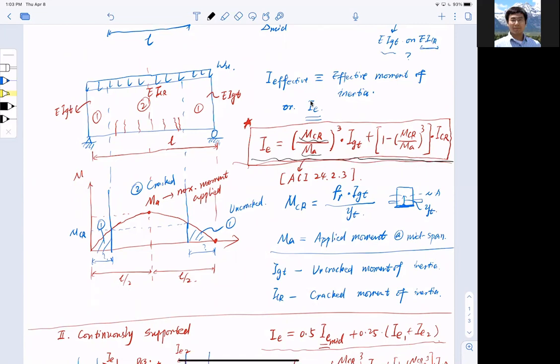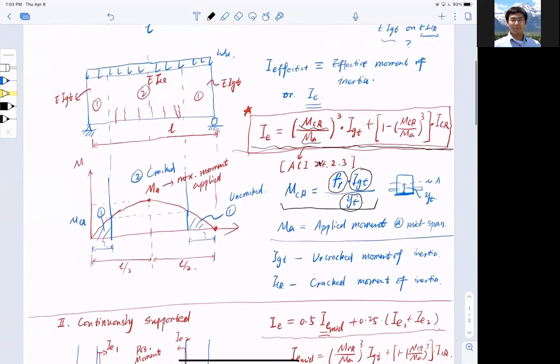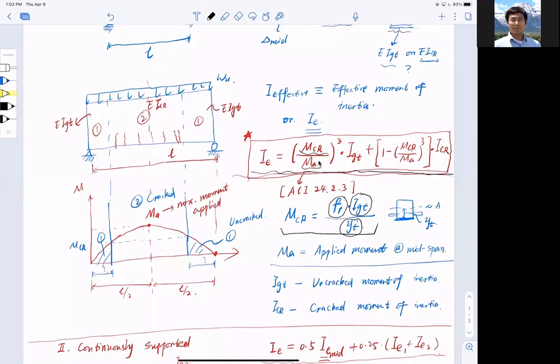MCR is the cracking moment, and you can compute it using this equation. FR is the modulus of rupture, IGT is the gross moment of inertia, and YT is the distance from the neutral axis to the outermost tensile fiber. That is how we compute the effective moment of inertia.